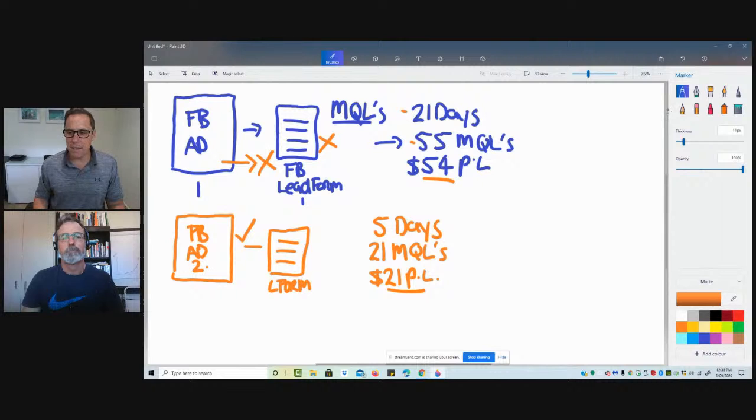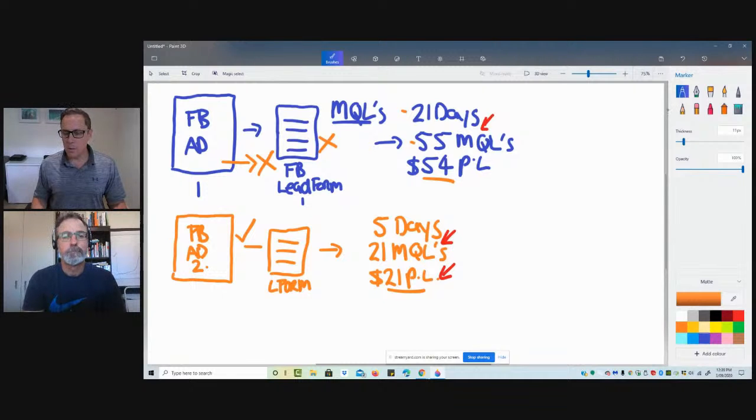So what's interesting about this, Steve, is that we got the leads faster. We got 21 in 5 days, whereas up here, we took 21 days to get 55. So we're getting double the amount of leads in a time frame, but for well over half the price. Instead of paying 54, we're well below 50% and only paying $21 per lead. So we're getting a far better result on this campaign here.